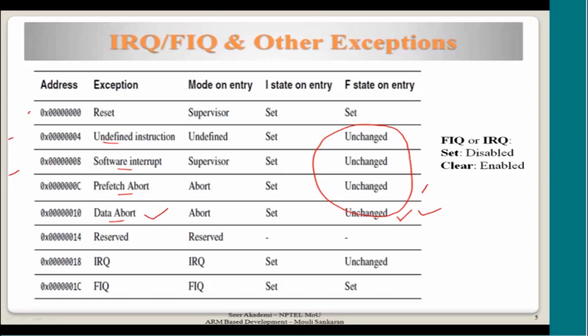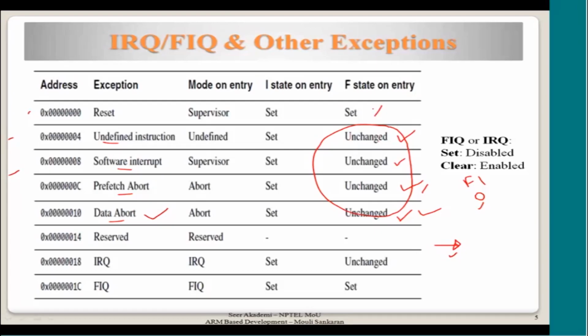Similarly, when prefetch abort is being serviced, that means it is working on the prefetch abort handler. If FIQ was earlier enabled, that means the F bit in the CPSR was 0, that means if an FIQ input comes, some peripheral gives that interrupt, then it will be serviced in this status.